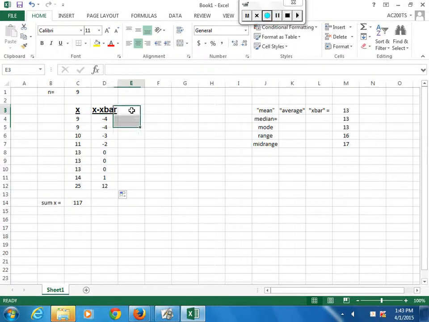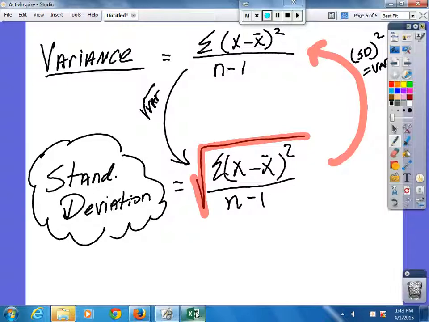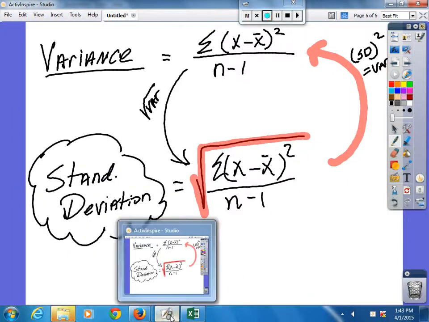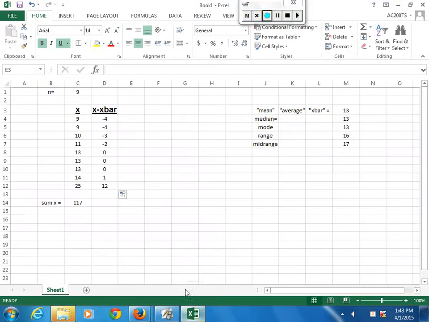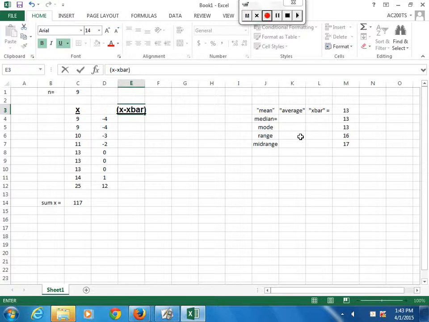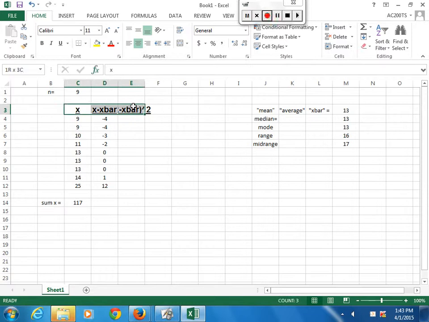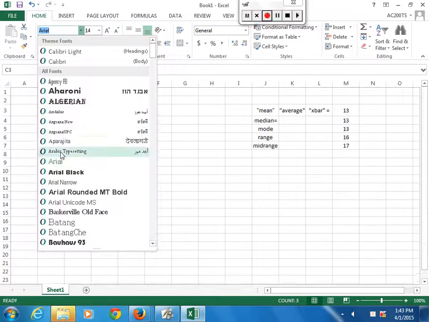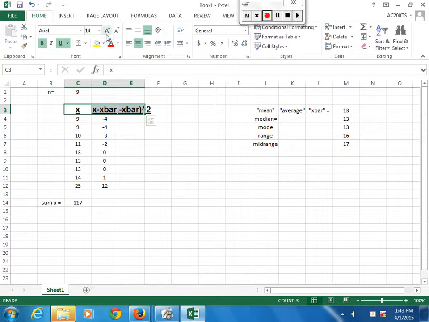Now what do we got to do with x minus x bar? Square it. So what am I going to do with each one of those numbers? Square it. Parentheses, x minus x bar, quantity squared. And you can pretty much do that in your head, but if you can't, then we'll help you out.